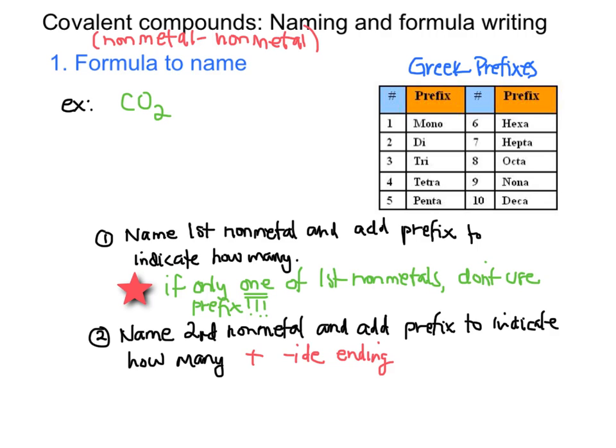So you wouldn't say monocarbon, you would just call that carbon because it's the first element and it only has one of them. And then of course you would go ahead and name the oxygen, but you would make it oxide. So you're going to add that "ide" ending, and then there are 2 of them. So you'll use the prefix di, so it becomes carbon dioxide.